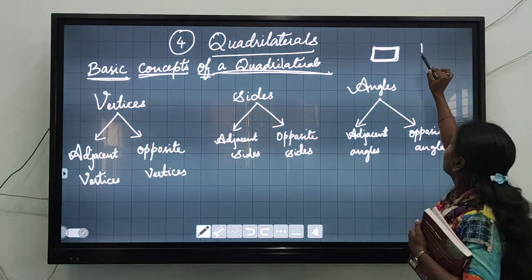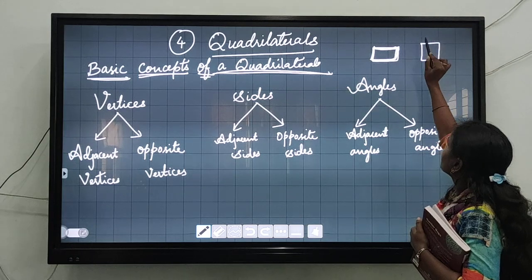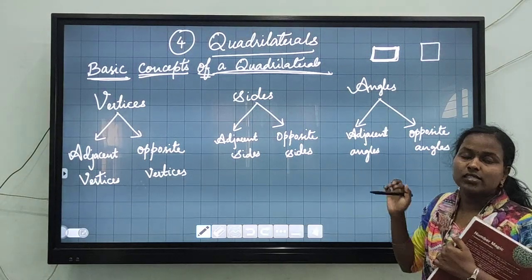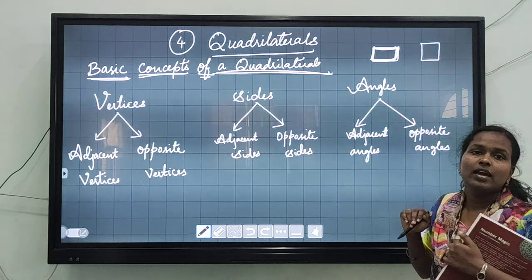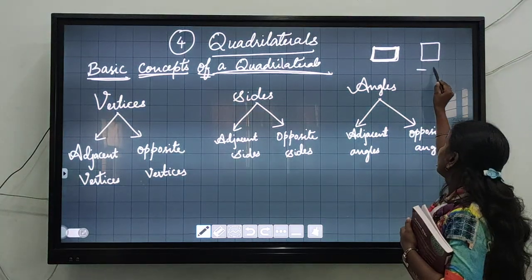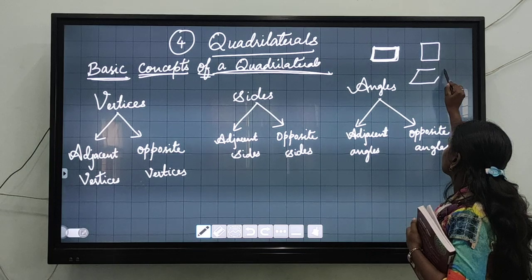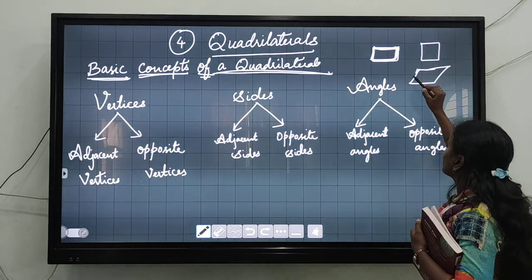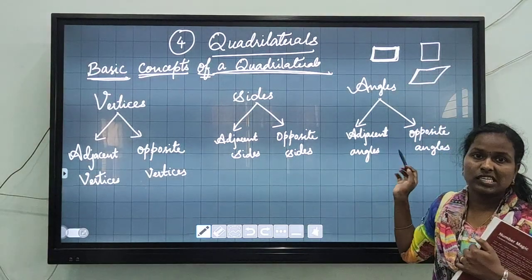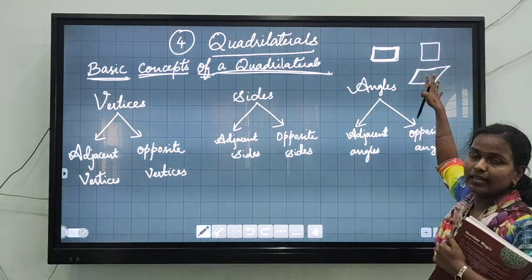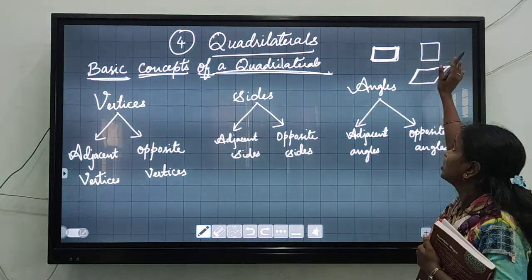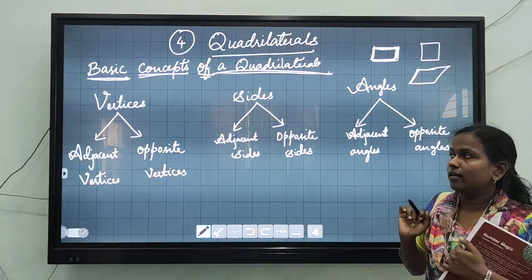If I draw one figure like this, is this a quadrilateral? Yes, this figure is closed, it has 4 sides, and it is made up of line segments. If I draw like this, is this a quadrilateral? Yes, this is also a quadrilateral because it has 4 sides, this figure is closed, and it is made up of line segments. So these are called quadrilaterals.